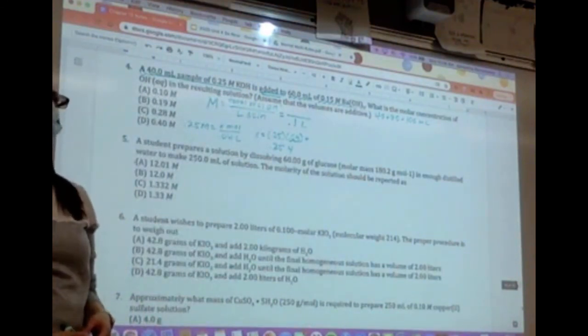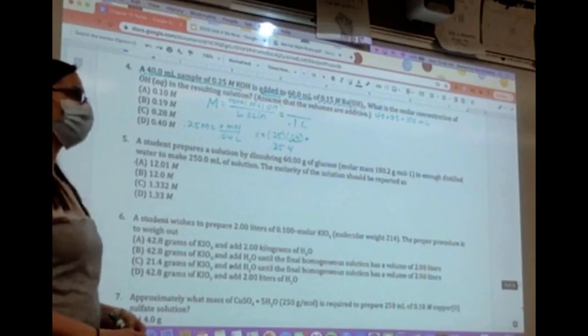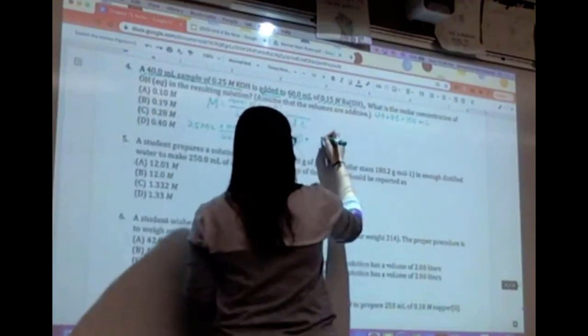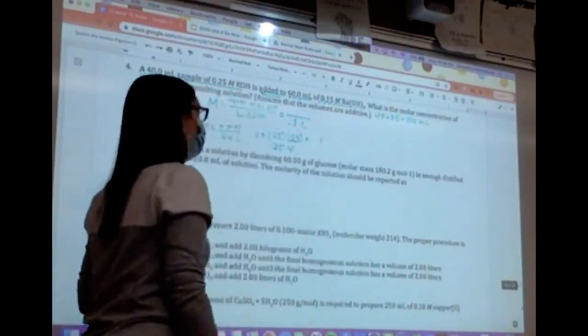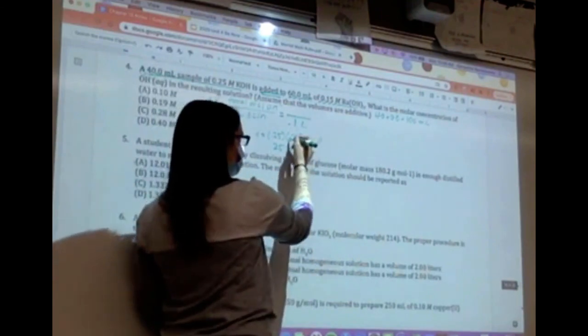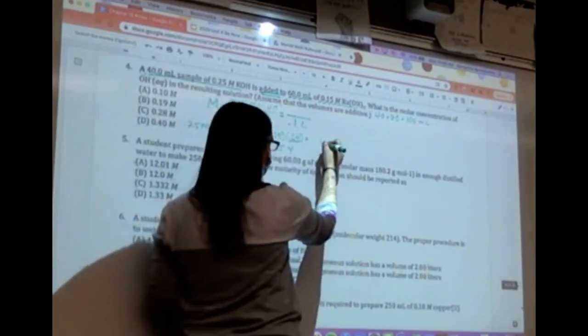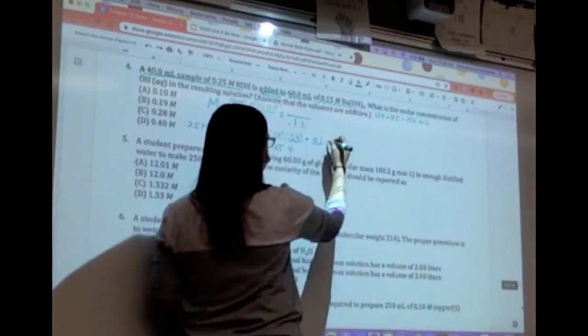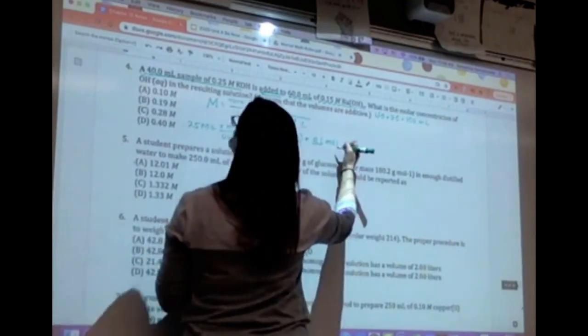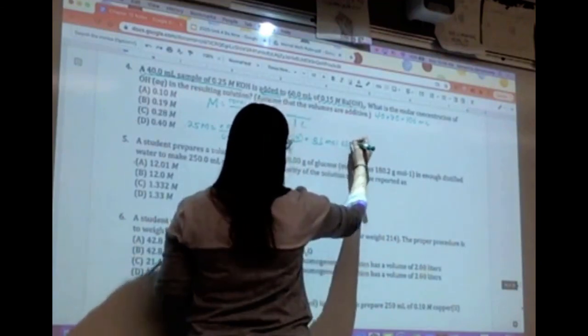We have 0.25, 0.25, 0.25, 0.25. 4 quarters in $1. 0.25 times 4 is 1. So let me move my decimal back, 1, 2. We get 0.01 moles KOH.